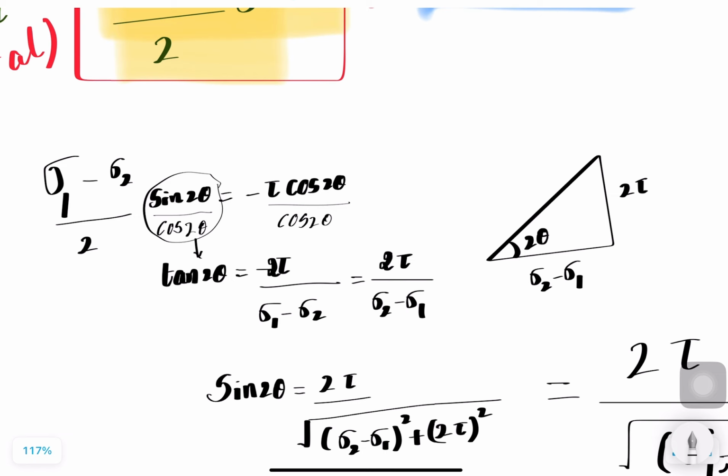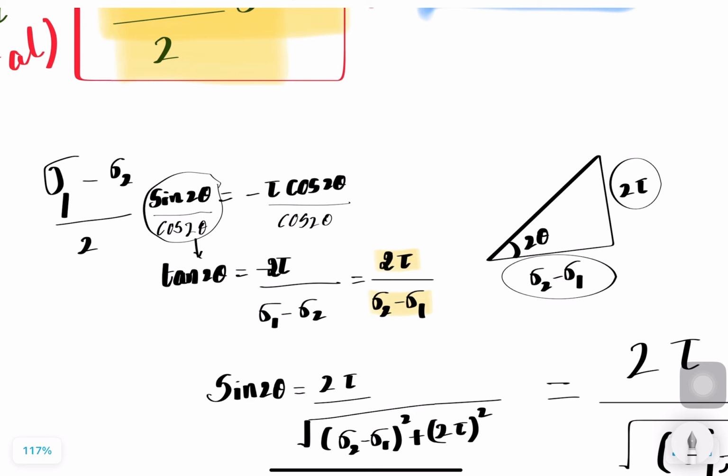So definitely this should be the opposite side, the one that I am shading by yellow, and this should be the adjacent side. So opposite side is 2 tau as marked here, and this is the adjacent side.